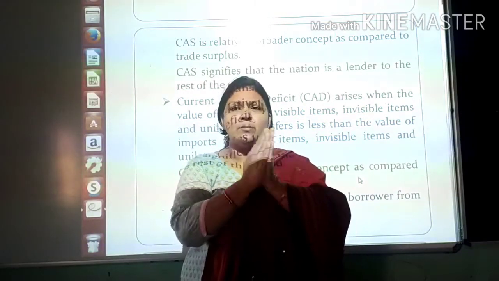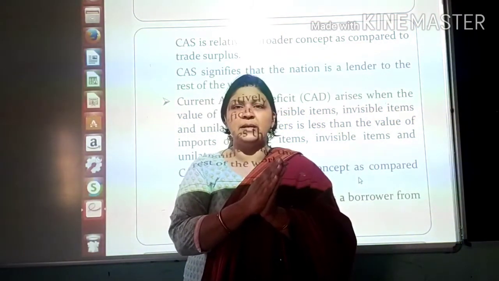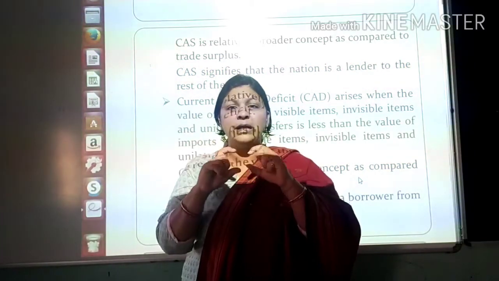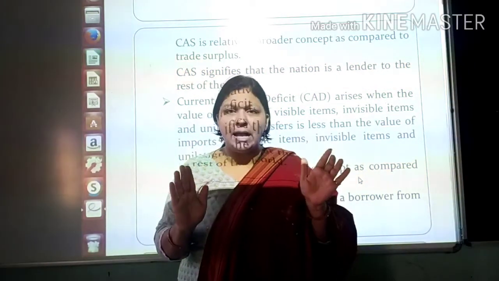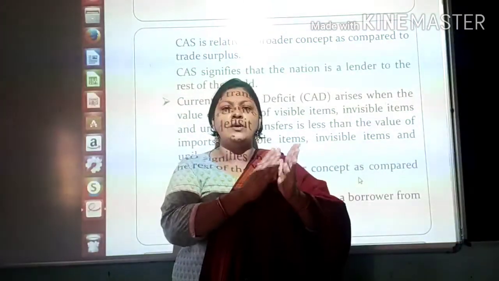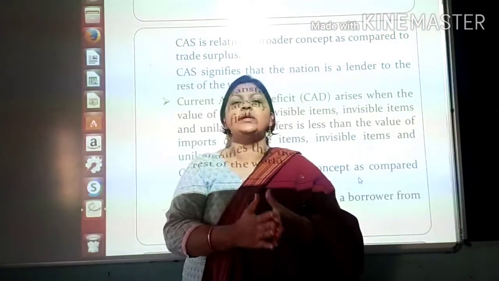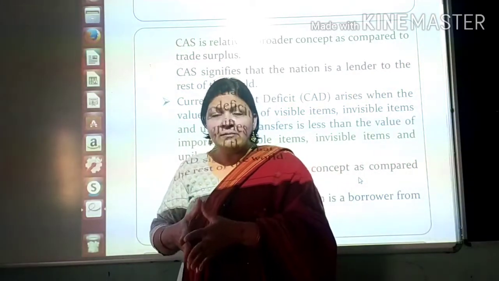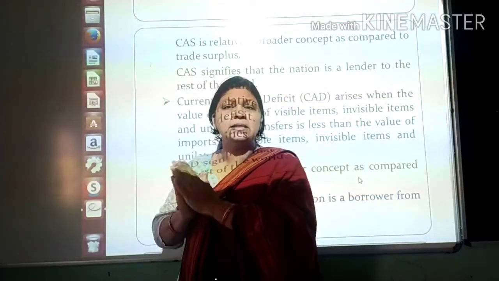Because when we are talking about the trade surplus, it is just a basic fundamental relating to the goods or visible items. And when we are talking about the current account, current account is made of three components: goods, visible, invisible items, just like services, and transfer payment.